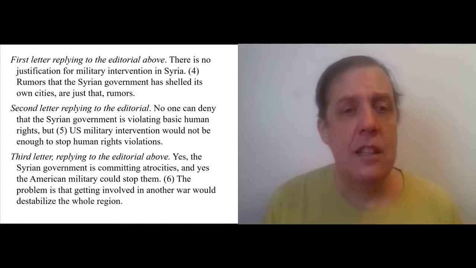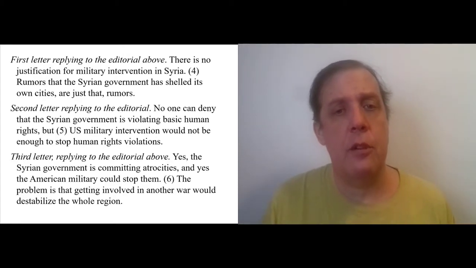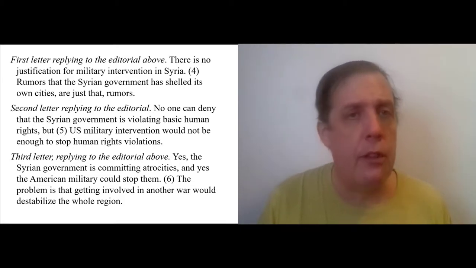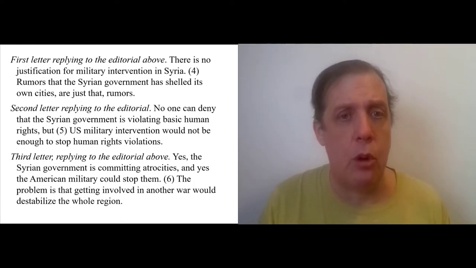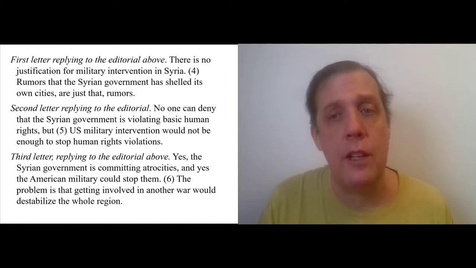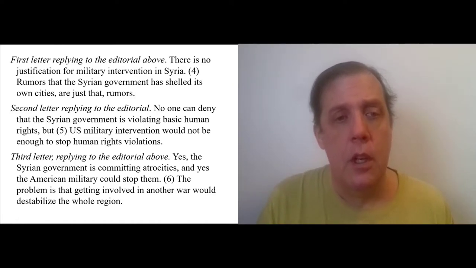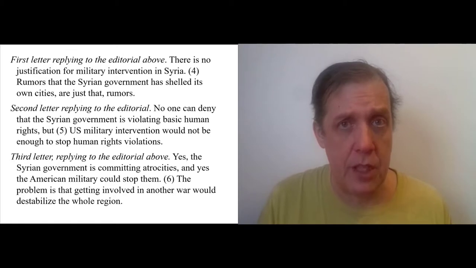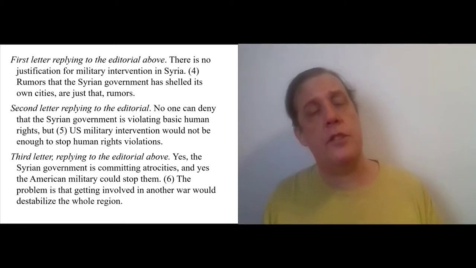A second letter to the editor might say this: no one can deny that the Syrian government is violating basic human rights. So yes, they're bombing their own cities. We have a moral obligation to stop. But U.S. military intervention wouldn't be enough to stop human rights violations. So this is an objection that concedes the truth of both premises, but nevertheless says the conclusion isn't true.